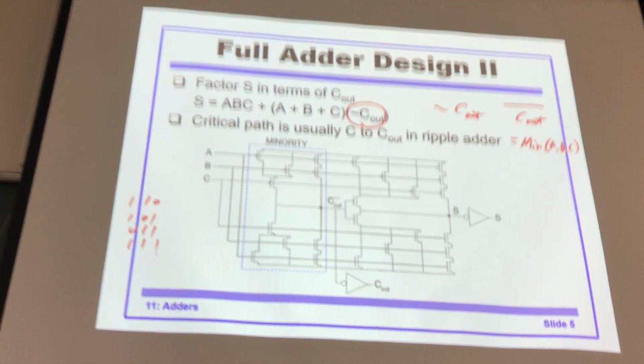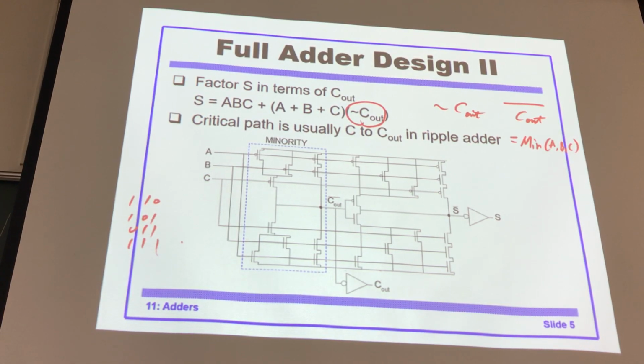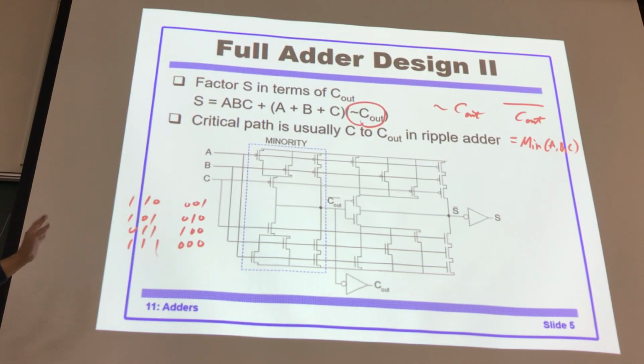Minority circuit is when only one guy or nobody raises a hand. They're just complements of each other. So the C out bar will give you the minority circuit, meaning at most one guy raises a hand, you get 1. Okay? So this circuit is a minority circuit.